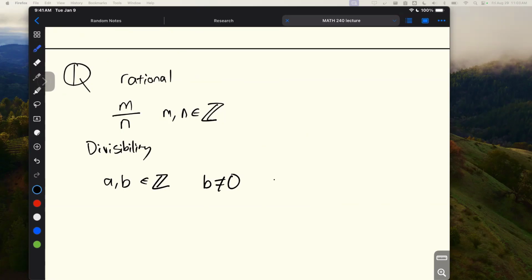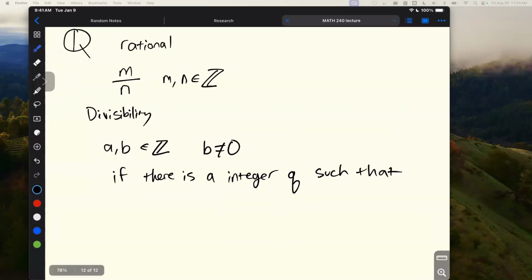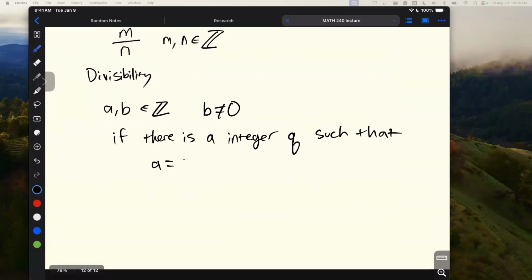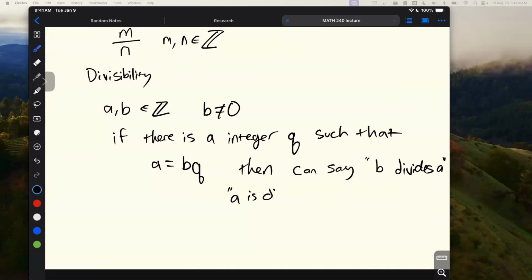So we want to say, if there is an integer, let's call it q, such that we can write a equals b times q, then we can say that b divides a, or a is divisible by b.